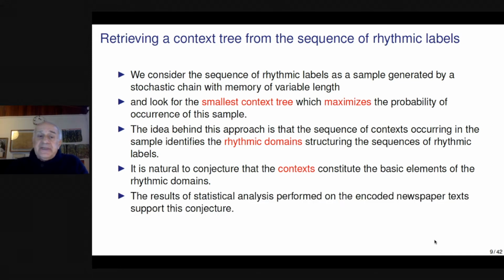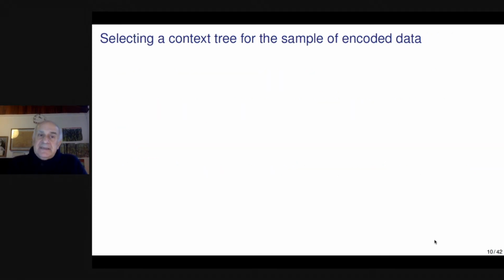Well, the good news is that the statistical analysis we performed on the encoded newspaper text supported this conjecture. But before getting there, we have some job to do: selecting a context tree for the sample of encoded data.